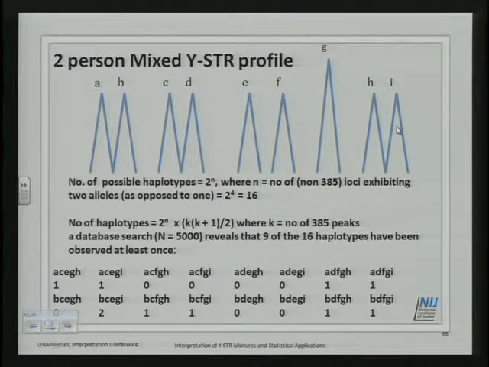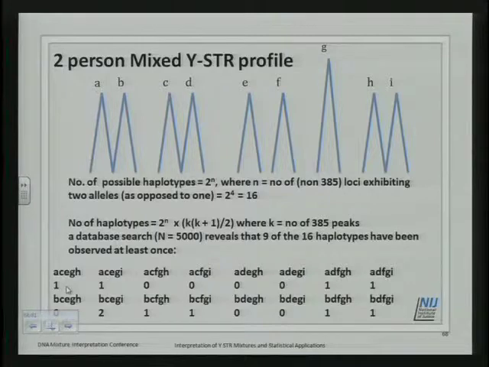This is if you don't take into account the 385 locus, which is separate. We can't take into account the G. Assuming G is a legitimate signal, and you need thresholds, there's no differentiation at that locus.